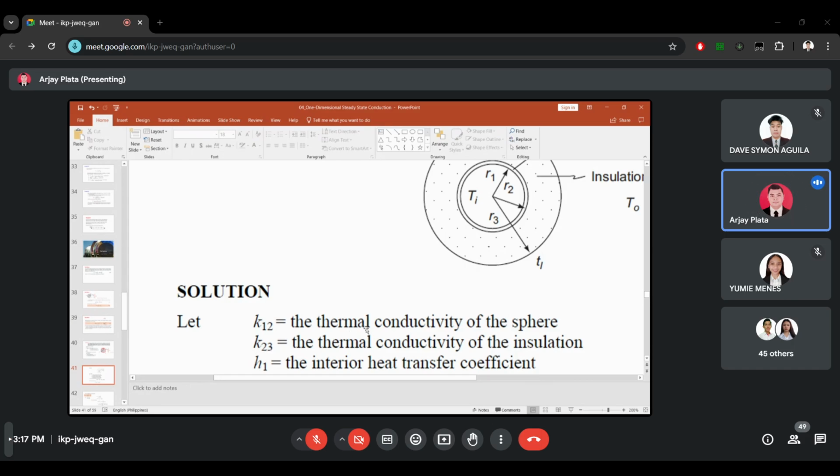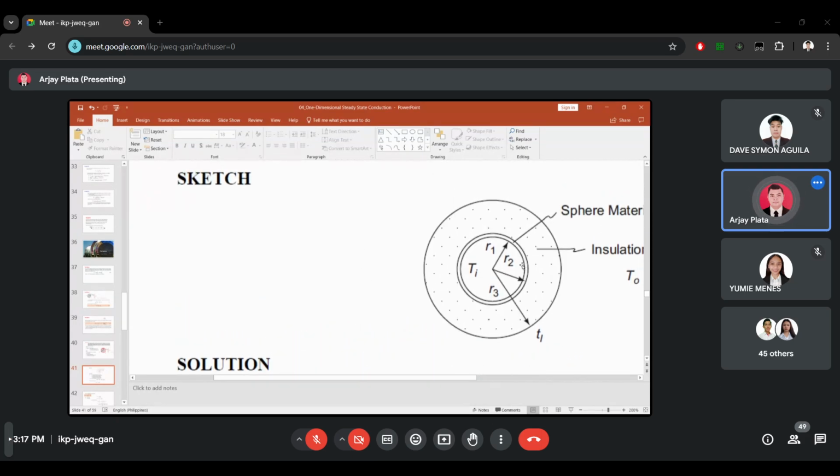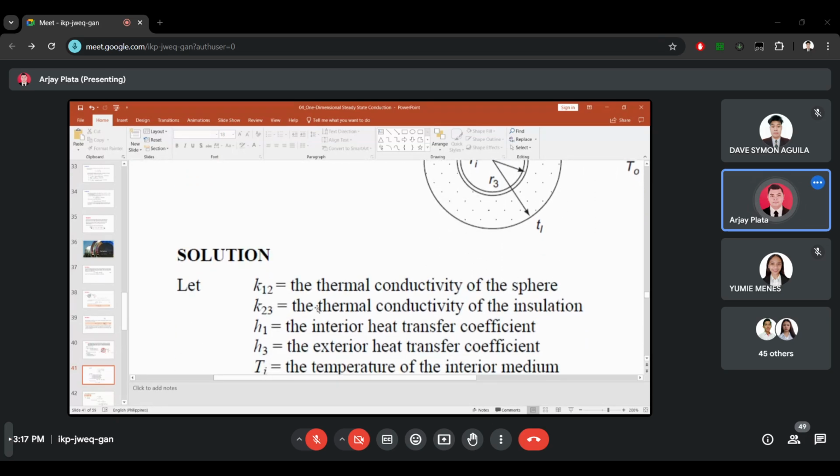It's up to you whether you assign numbers or letters. For 2 3, the insulation starts from surface 2 going to the outside, or 3. 3 is the outside radius. So from R2 to R3, that's the insulation. So we have K23, the thermal conductivity of the insulation.